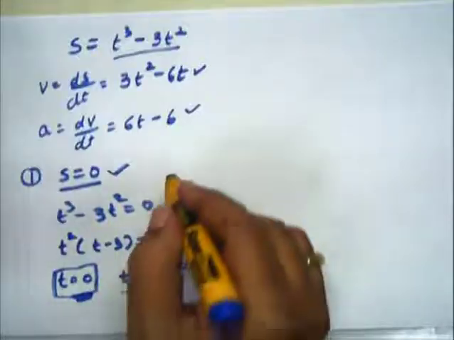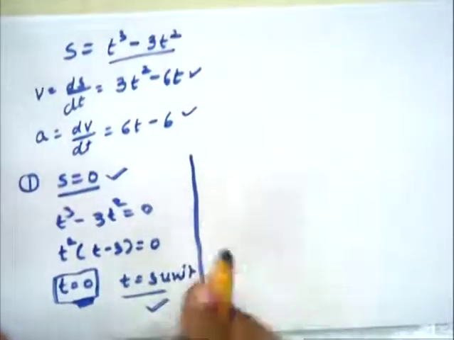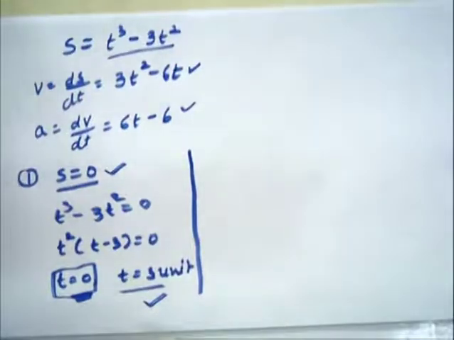So this is the answer for the first question, that at t is equal to 3 seconds it will reach once again to origin.